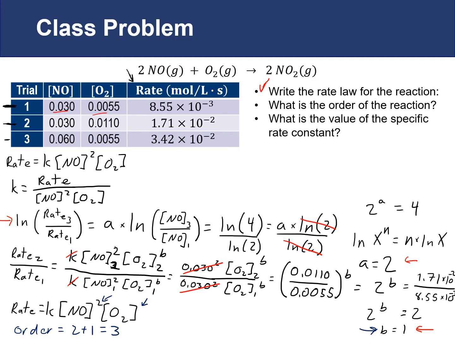Okay, so we can just take any one of our trials and plug in the values. So let's try trial 1. It's the first one, so why not?